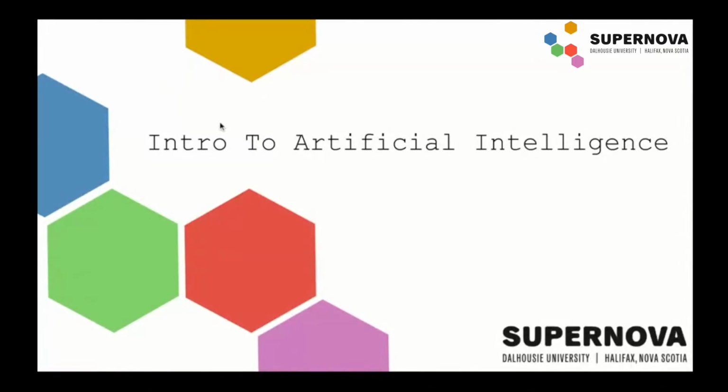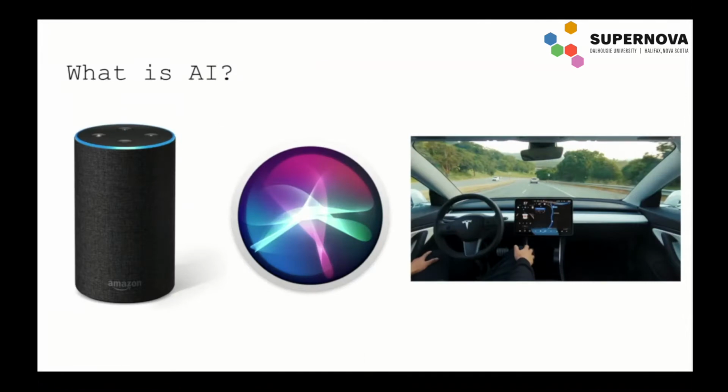So what is AI? You might not know anything about AI. You might know all sorts of stuff about AI. Usually in media, AI is like robots that are as intelligent as humans. But a more basic definition of artificial intelligence is human-like decision-making that's displayed by robots.